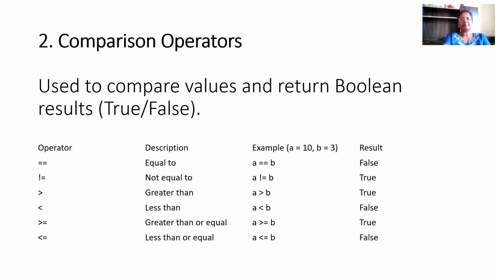Second thing, comparison operators. They are used to compare values and return Boolean results, whether true or false. I'll tell you a real-time example. For example, suppose you are analyzing a disease like cancer based on the population.